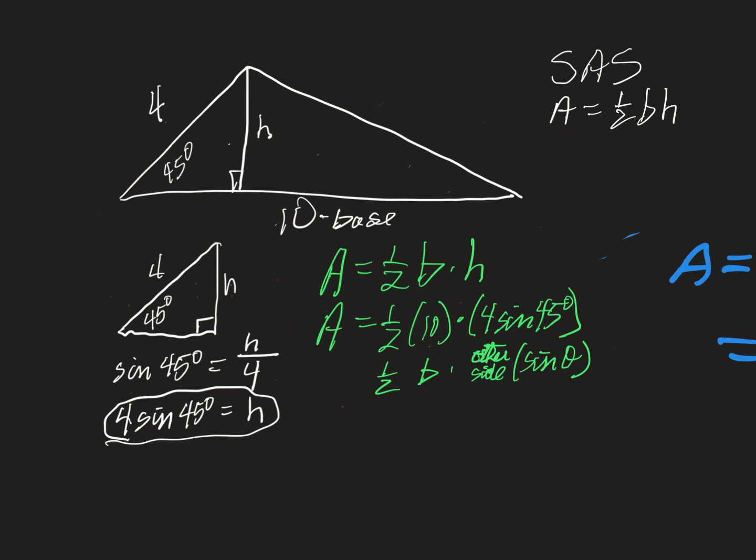In any case, when you calculate this out, and I did this one a little easy, I get 10 times 4 divided by 2, that's 20 sine of 45 degrees. Since 45 degrees is a special angle, I already know that. So I'll just put 2 square root of 2 over 2 here, and therefore I get 10 square root of 2.